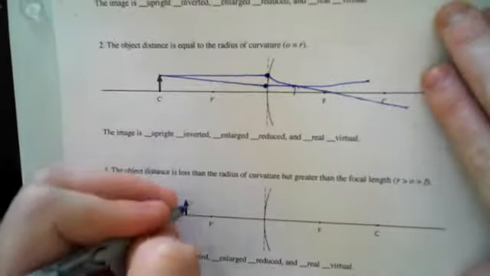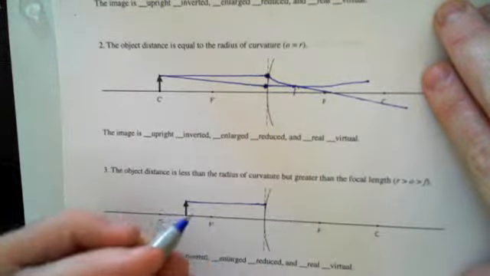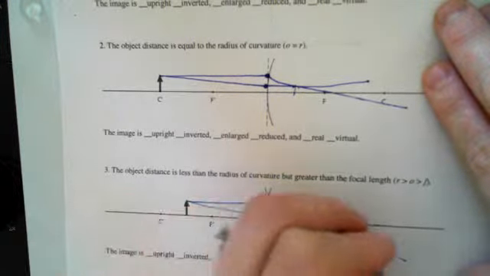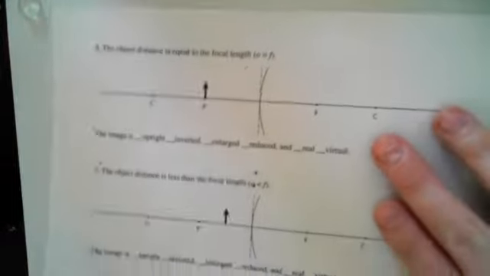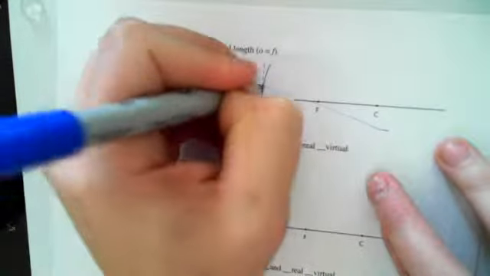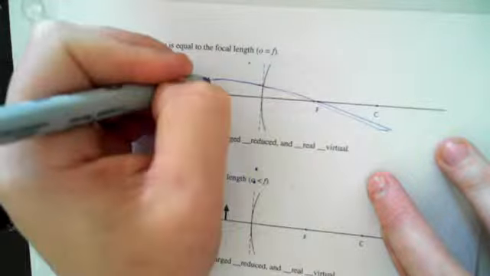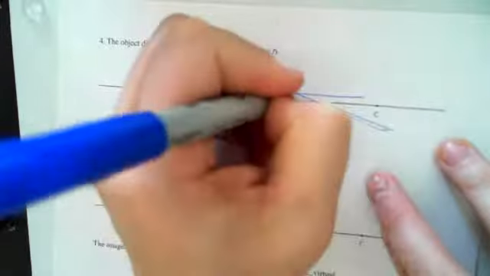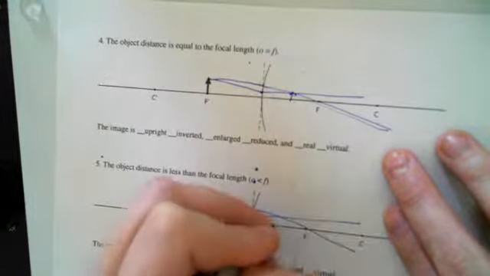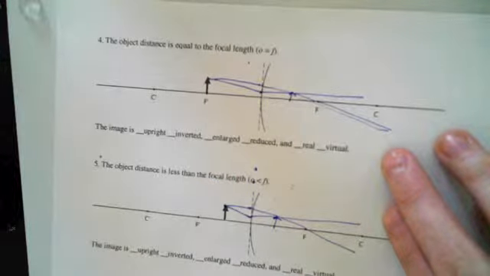Parallel to focus, focus to parallel. Same thing with these guys on the back. Parallel to focus, focus to parallel, parallel to focus, focus to parallel. You guys get the idea.